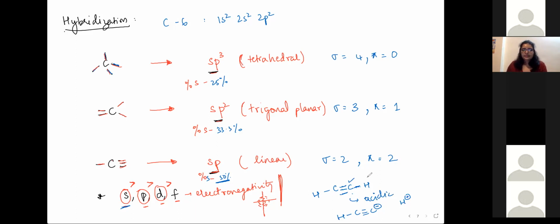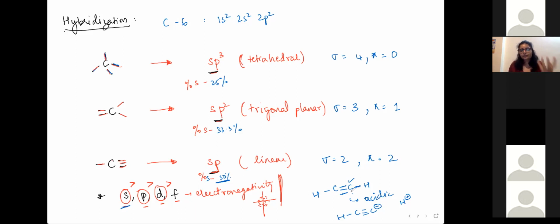Okay. So why are alkynes the most acidic out of the hydrocarbons? Coming back to hybridization, alkynes have sp hybridized carbon, and because sp hybridization has maximum S character, they tend to show maximum electronegativity.